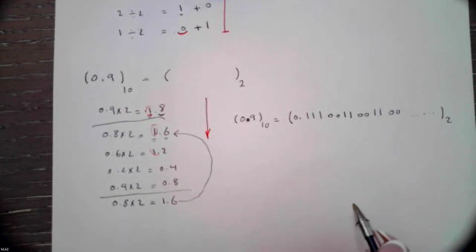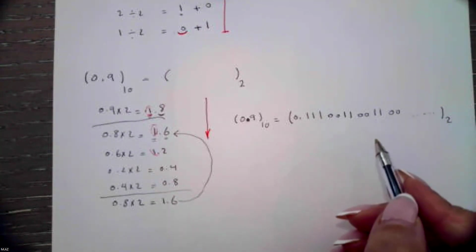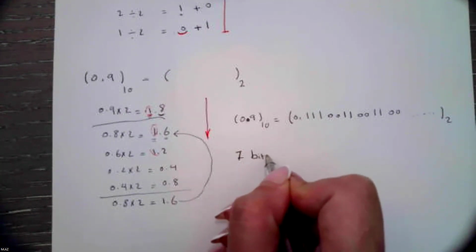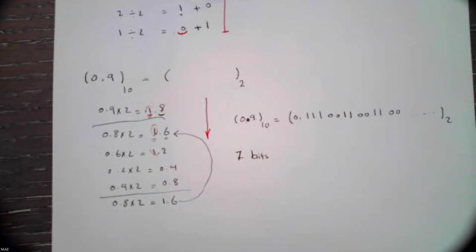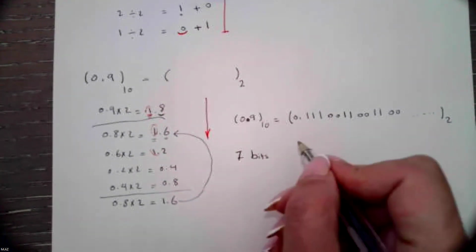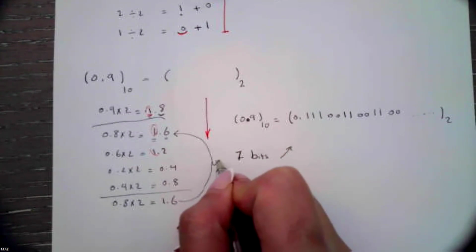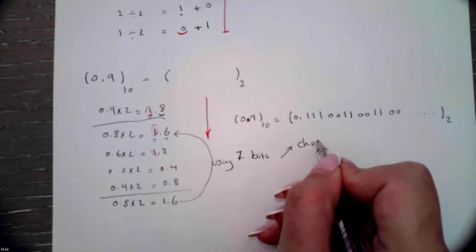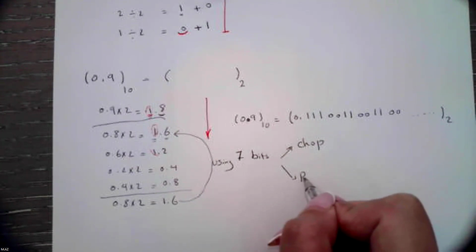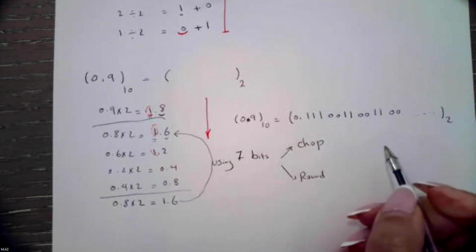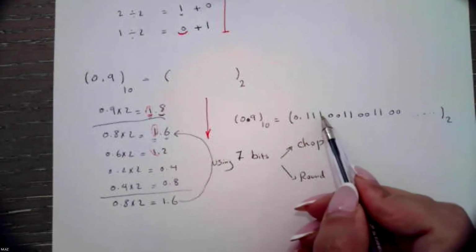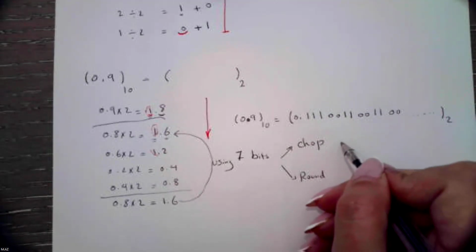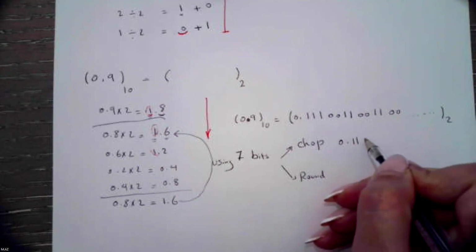For example, if we are using 7 bits for storing these numbers, we have two approaches: one is chop, another is round. For the chop, 1, 2, 3, 4, 5, 6, 7, just cut the number.